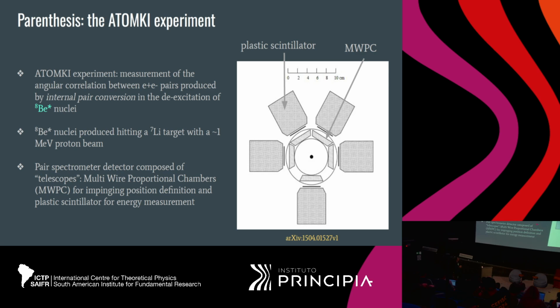So I want to talk to you about the ATOMKI experiment, which is an experiment in Hungary, and the aim of this experiment is to study the angular correlation between electron and positron pairs produced by internal pair conversion in the de-excitation of excited beryllium-8 nuclei. What all this weird thing is, I will discuss.